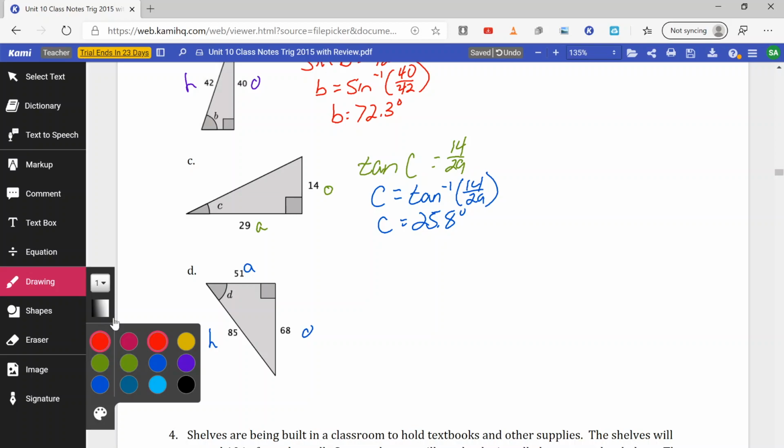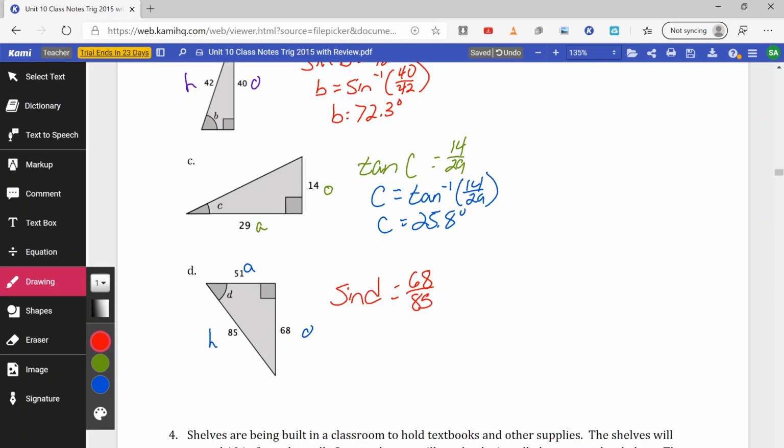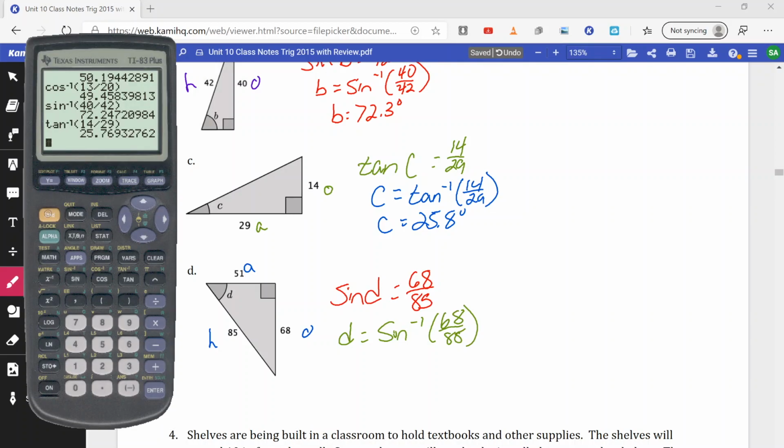Might as well use sine. Sine is as good as any. So sine of angle D is opposite over hypotenuse, 68 over 85. So we take the arc sine of our ratio in order to figure out what angle D is equal to. So second sine of 68 over 85 means we get 53.13.